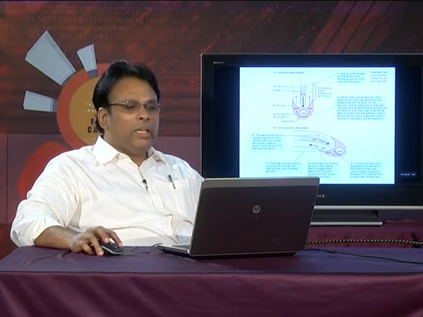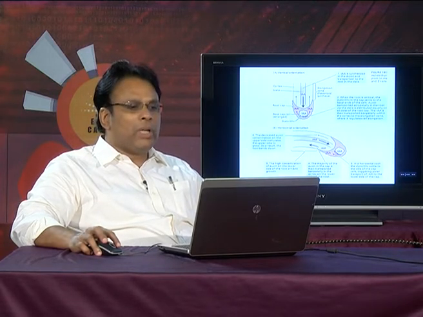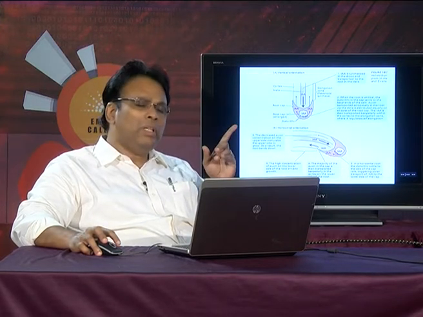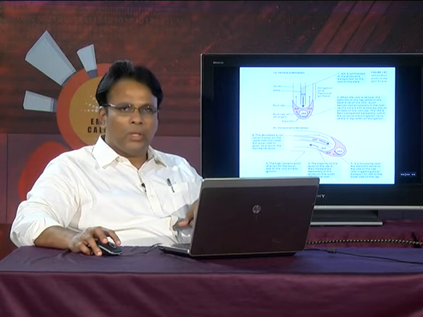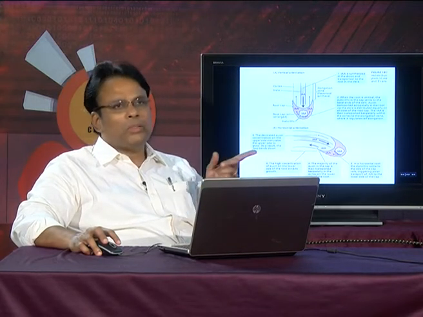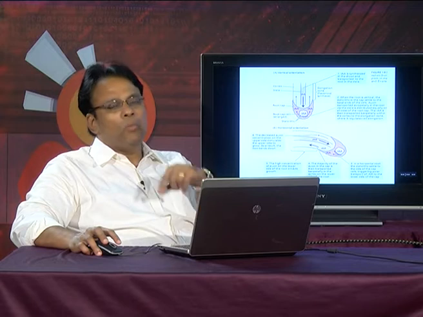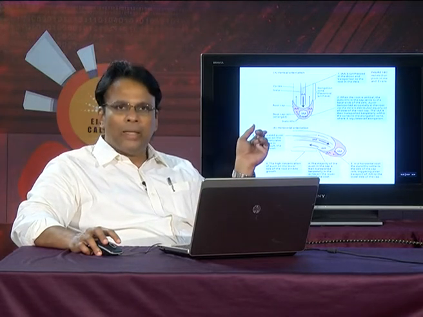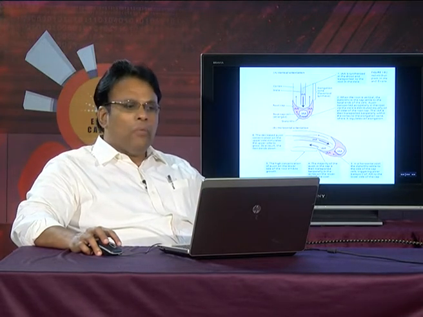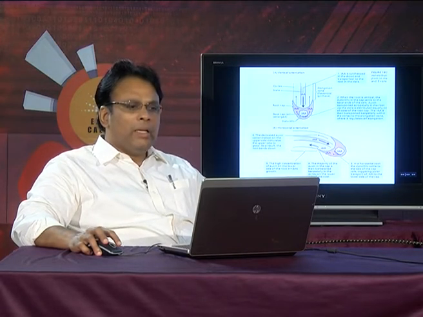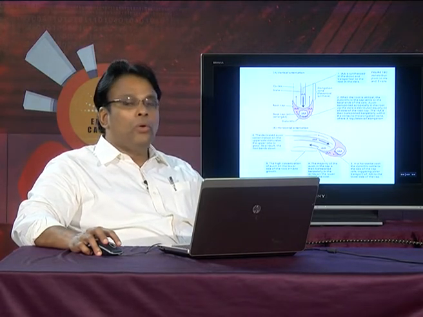Here, the decreased auxin concentration on the upper side stimulates the upper side to grow. What we have seen in the shoot is different in the case of root. In the shoot, more IAA is transported to the shaded side, more growth takes place there, and the shoot bends towards the light side. In the root, decreased auxin on the upper side stimulates growth.